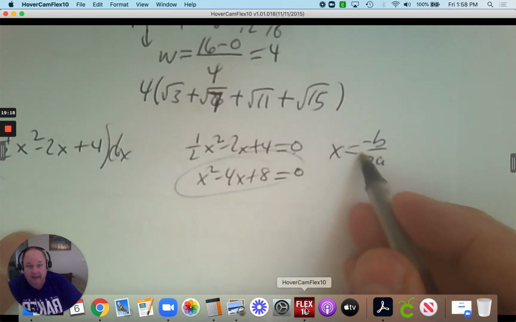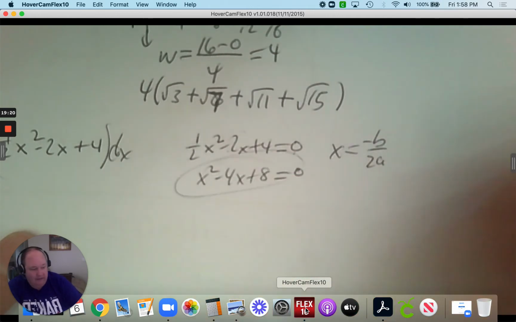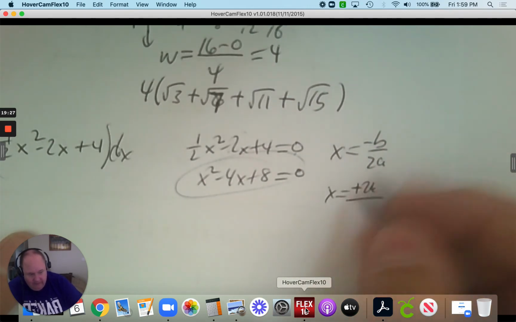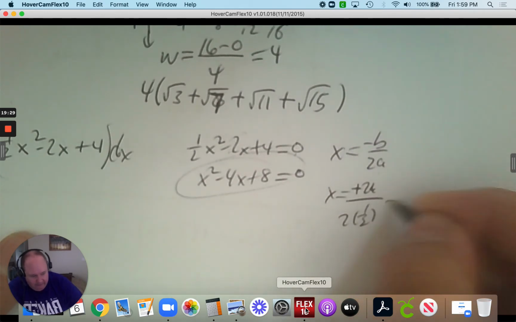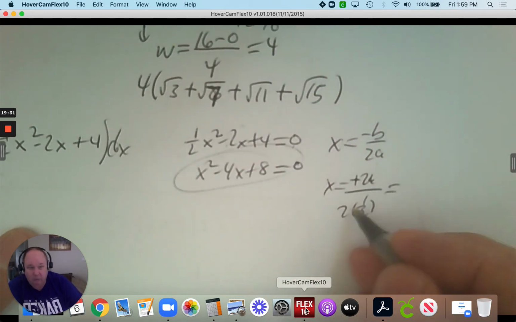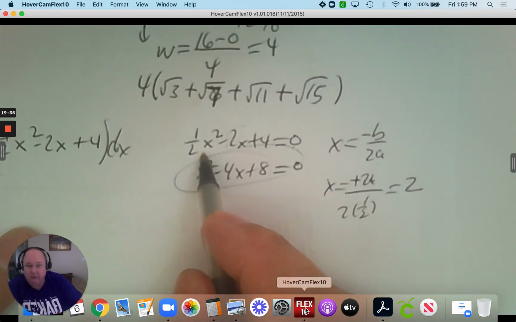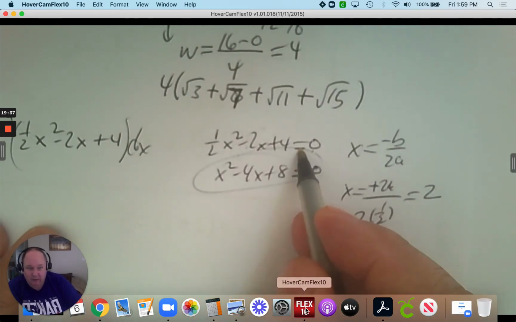So negative b over 2a would be negative negative 2, which would make it positive. And then a is 1/2. So 2 times 1/2 is 1. So it's just positive 2. And then plug positive 2 into here to find the y coordinate.